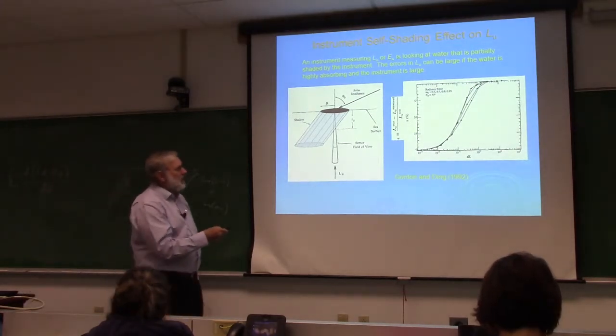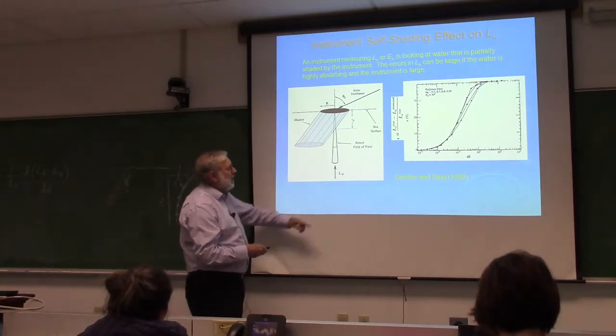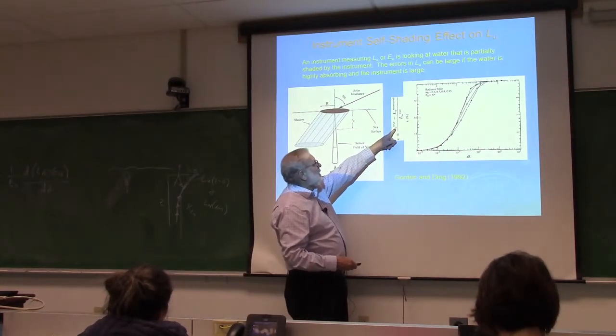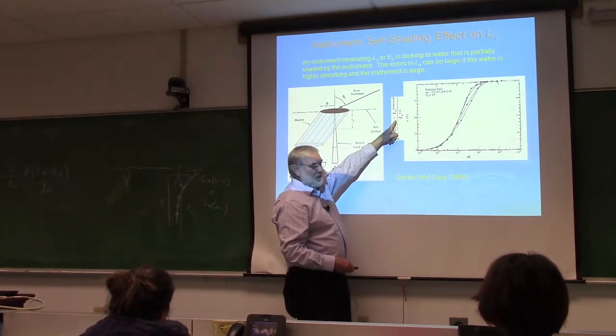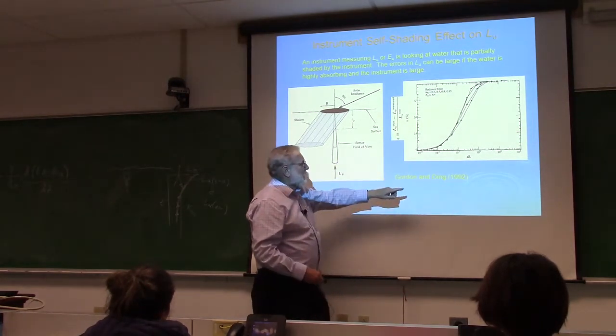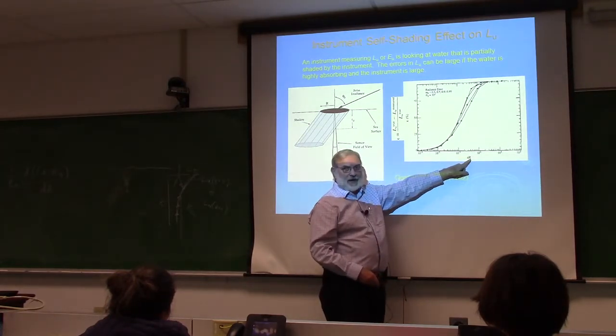Then he condenses it all down and asks, how big is the error? So this is LU true minus LU measured, divided by LU true. That's a measurement of the error. And this product is absorption times the radius of the instrument. That's what turned out to be really important.